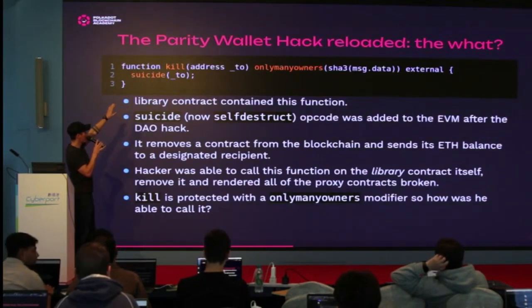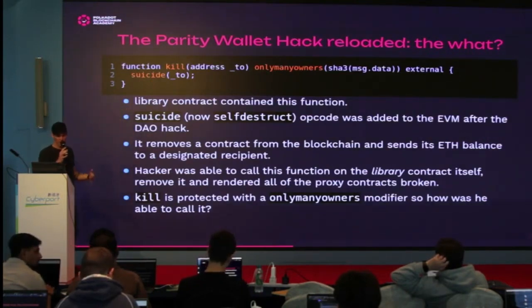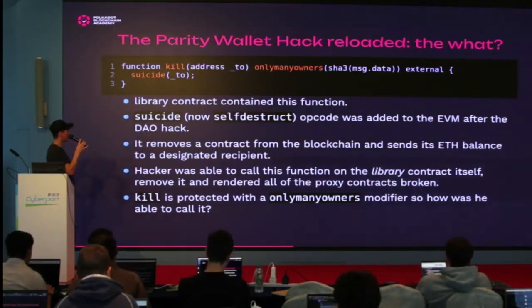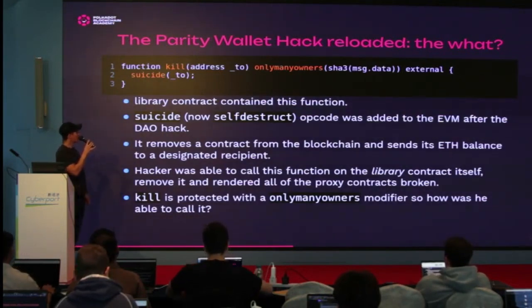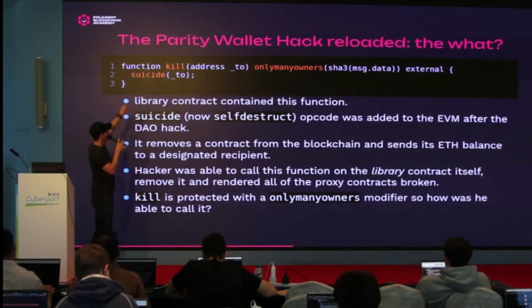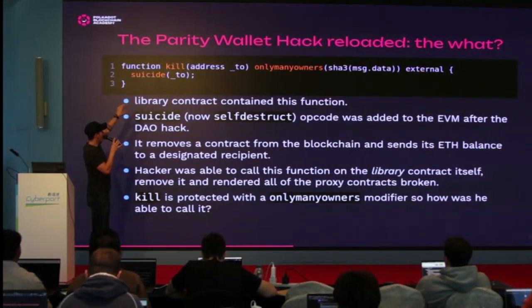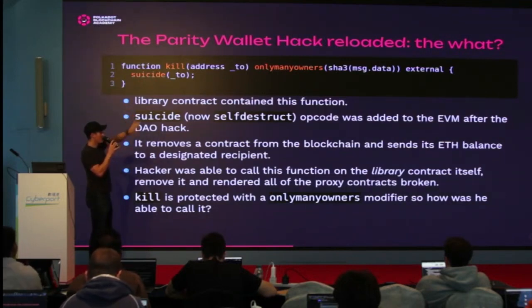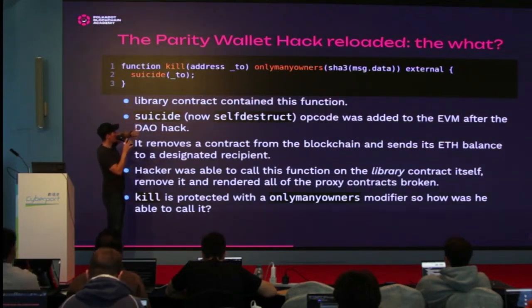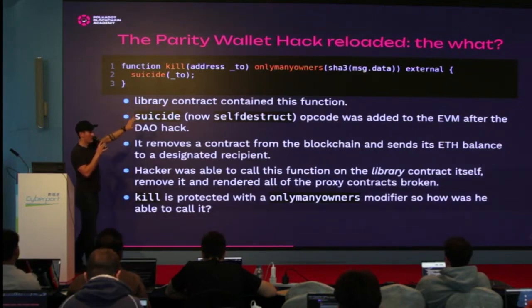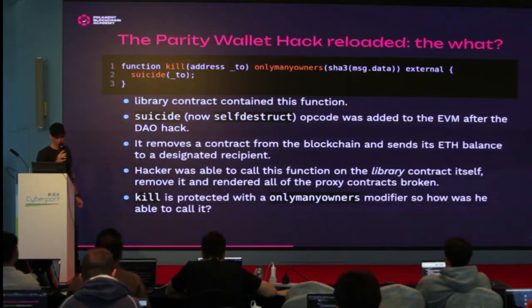It's called self-destruct now. It was called suicide back then. What it does is delete the contract code along with the storage, and all the funds that are there it sends to a specified address, specifically to clean up and potentially rescue the funds.